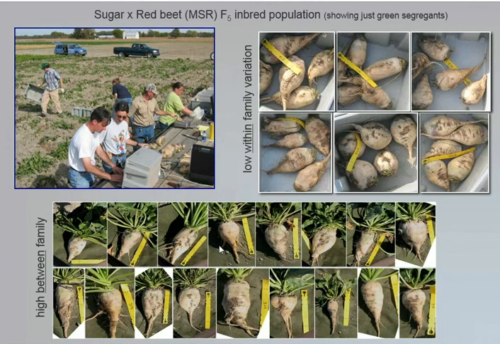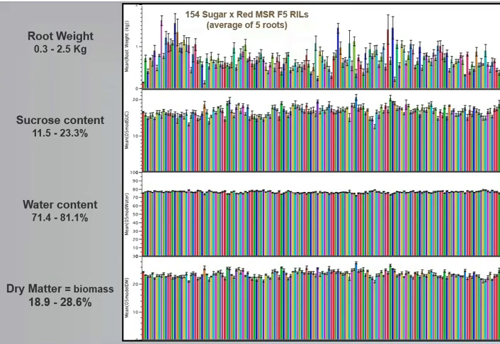So there's an extreme amount of variability, almost encompassing all of the root types that have been described in beets. Just in this one population, okay, and this one population is derived from a single F1 individual that contained one gamete, one pollen grain from a red beet, and one gamete, one ovule from a sugar beet.